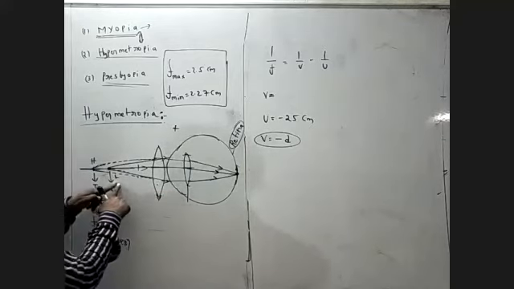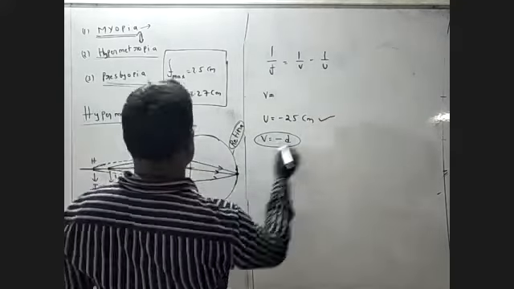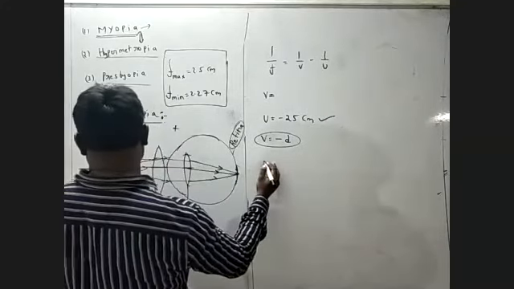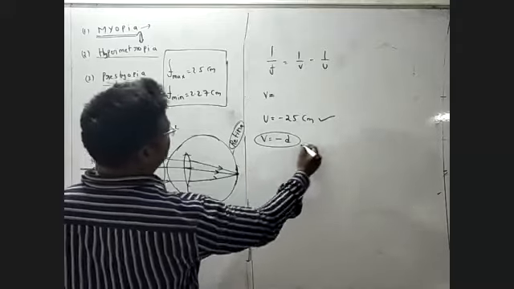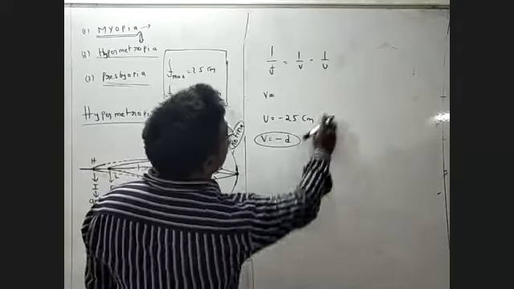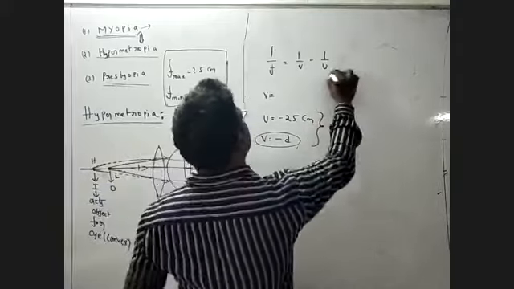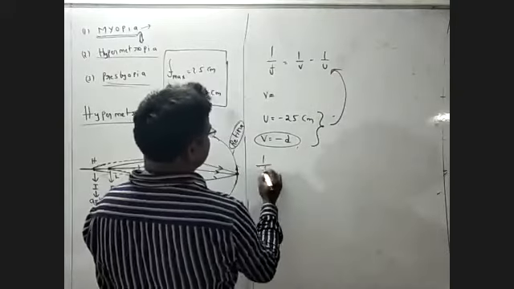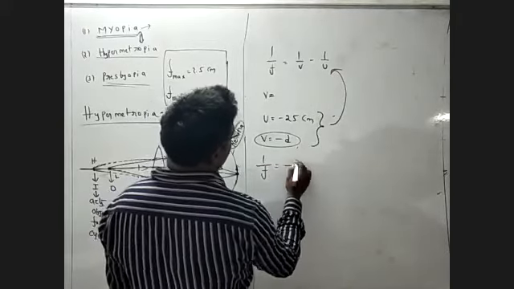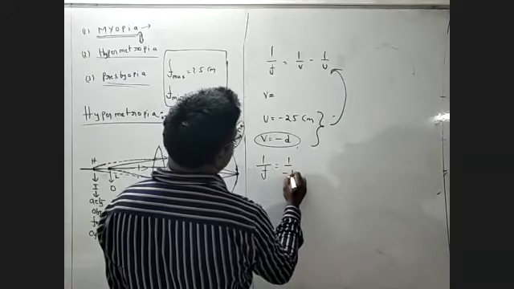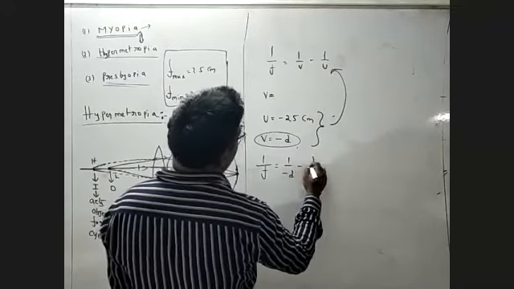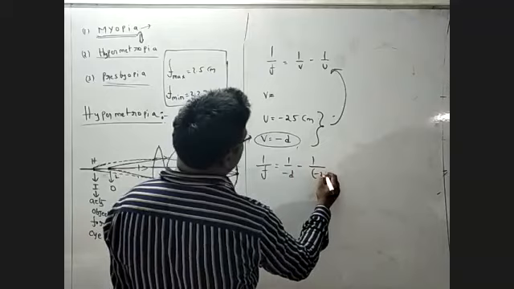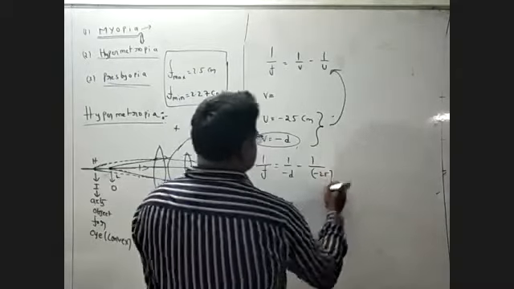The object is placed at L. U is equal to 25 centimeters. V is the image distance from here. These two values we put in this equation: 1 by f is equal to 1 by v minus 1 by u, where u means minus 25 centimeters.